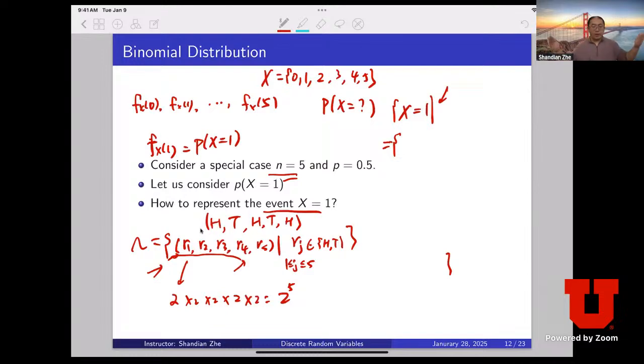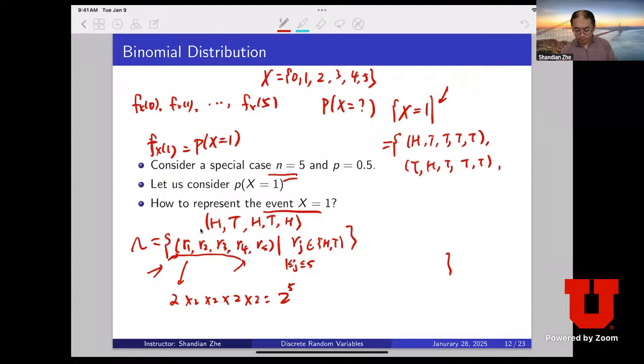If we enumerate, these are just the first sequence: the first result is head, and all the others are tails. Or the first is tail, the second is head, and all the others are tails.